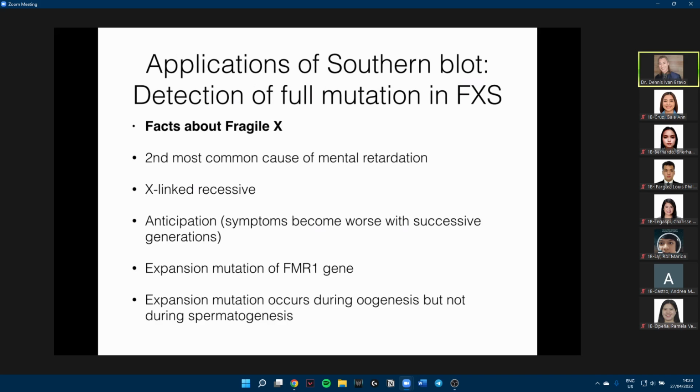That's anticipation. It turns out the Sherman's paradox, or the anticipation that comes out of it, is the result of expansion mutation of the FMR1 gene, the same mechanism that occurs in Fragile X. For some unknown reason, expansion mutation occurs only during oogenesis, but not during spermatogenesis.